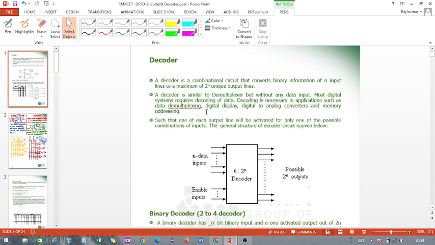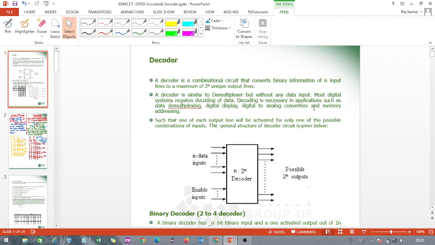So in memory addressing, to where exactly you want to store your information, a decoder is used. In ROM, a decoder comes first and thereafter you have an array of OR gates. An array of AND gates followed by OR gates, where the array of AND is your decoder. So for ROM under unit 5 you could see the decoder comes first, followed by your OR gates.